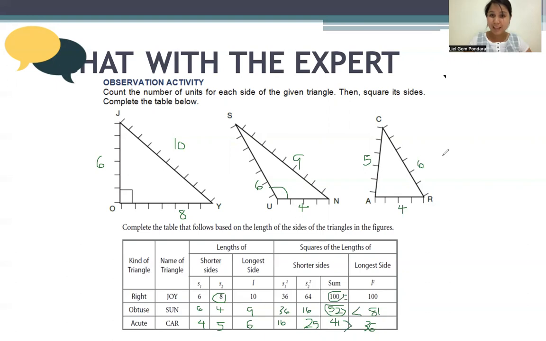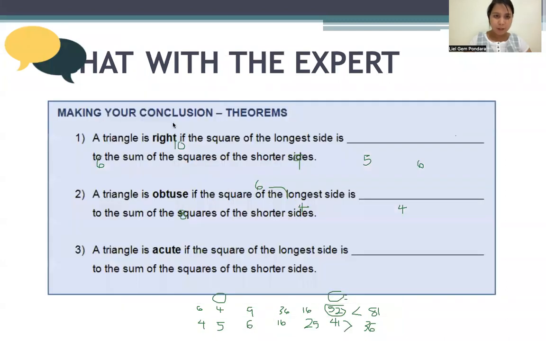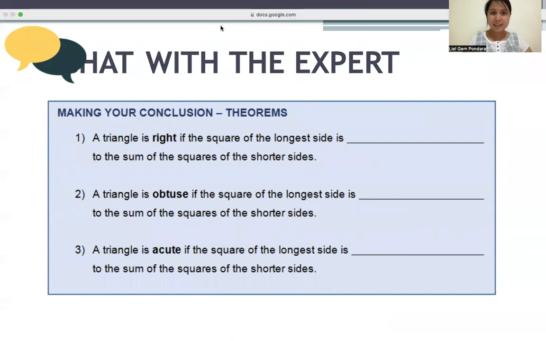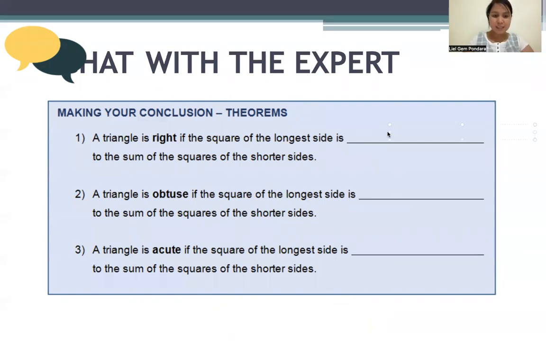So let's complete now our sentence. A triangle is right if the square of the longest side is equal to the sum of the squares of the shorter sides.